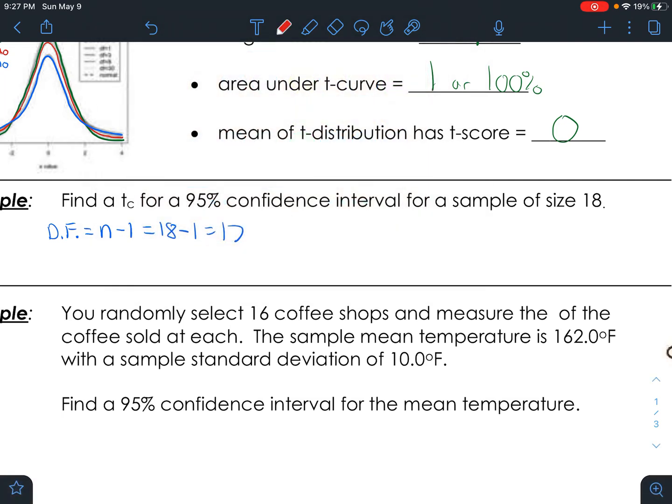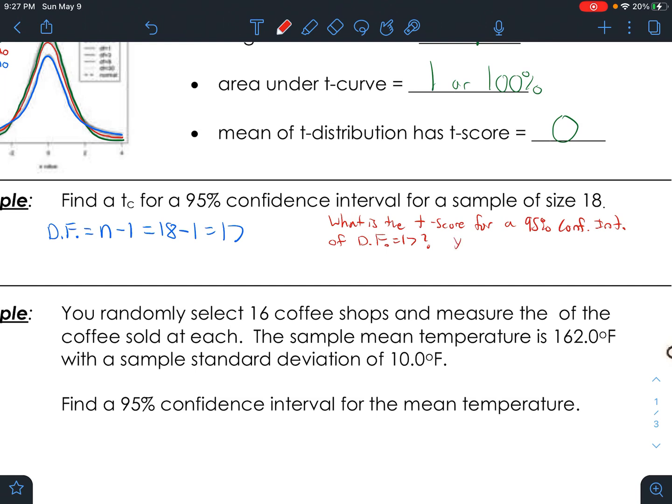So I'll switch to red. What is the t-score for a 95% confidence interval with a degree of freedom equal to 17?